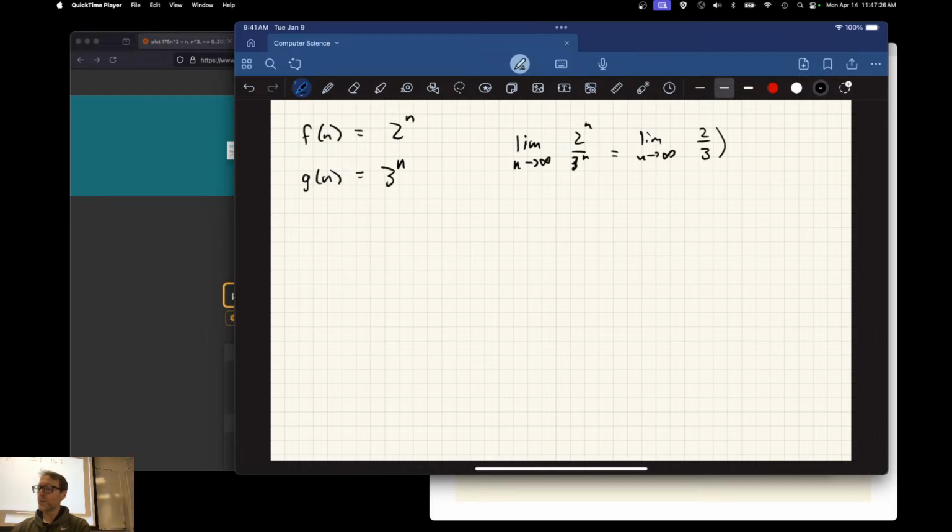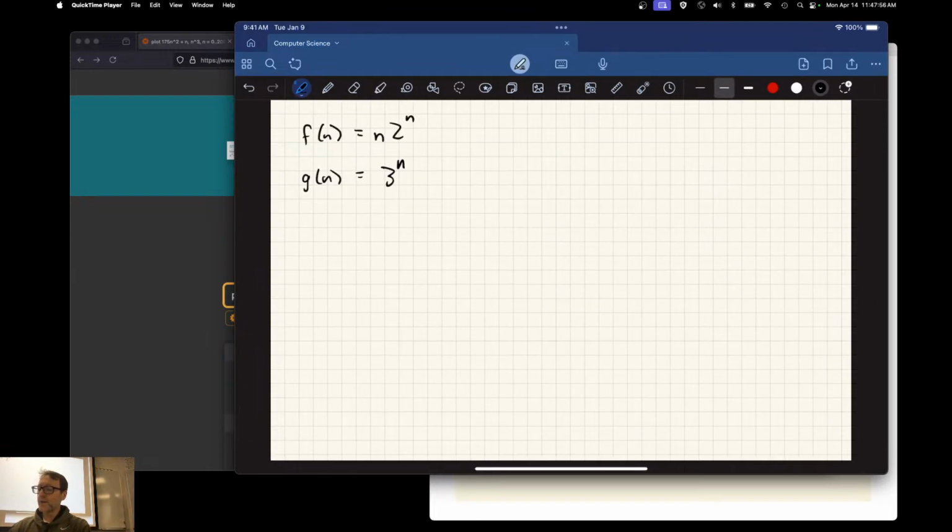We have a common exponent, right? What's going to happen when you take something that is less than 1 and take a power of it where that power is increasing? It's going to get to 0. Right? In other words, this is big O of that. I just wanted to show you that L'Hopital's law is not the be-all, end-all. Right? Algebra first. Okay.